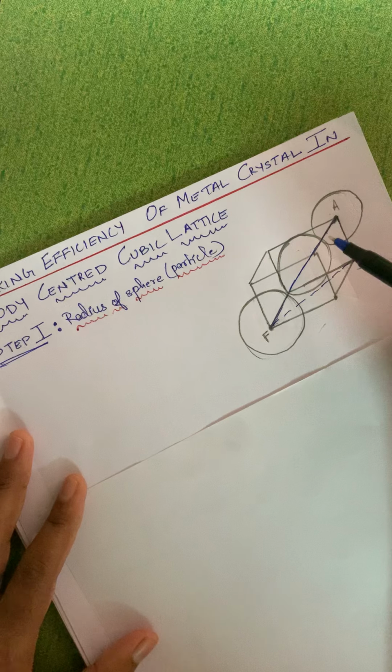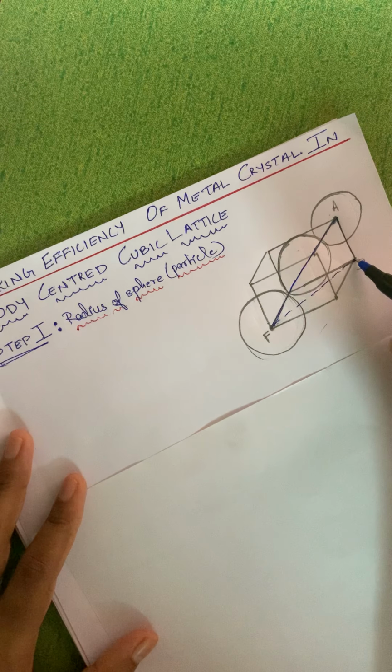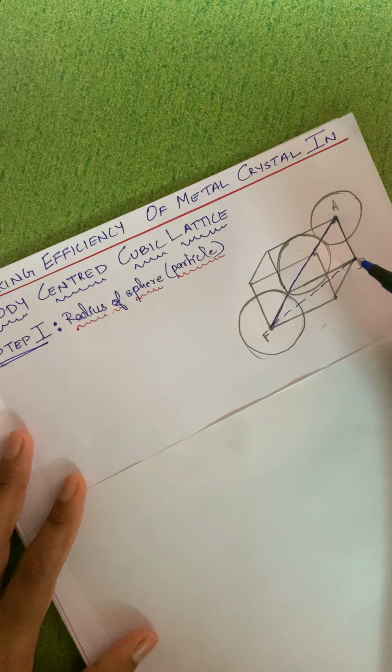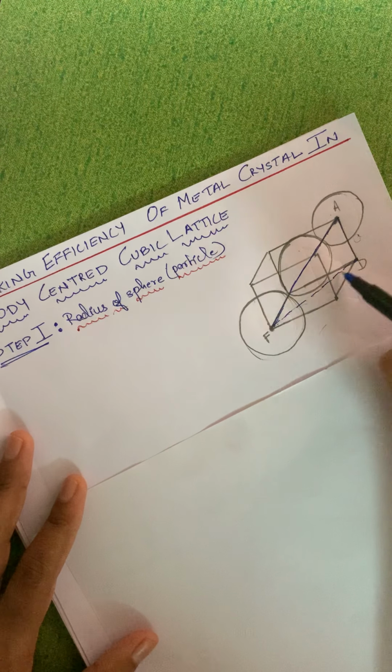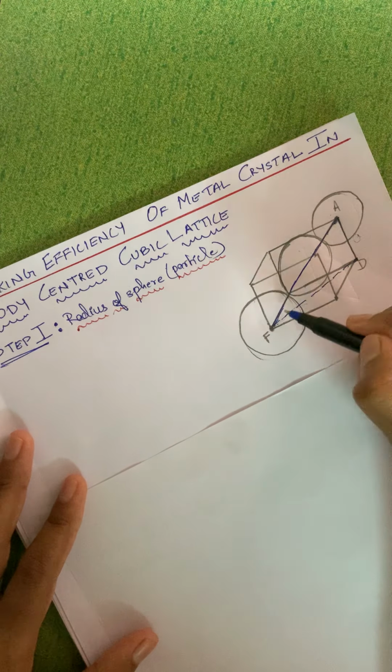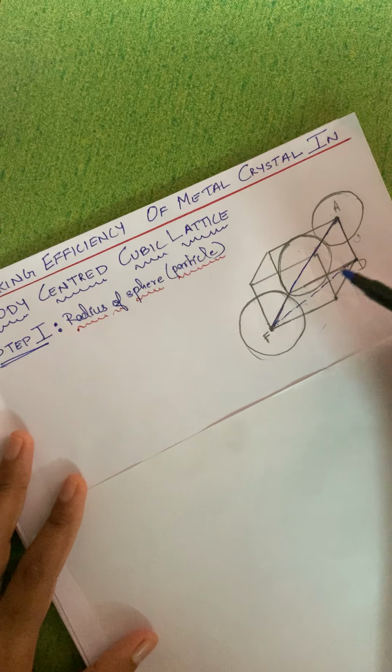Now please understand this thing, I know what will be the answer. I know it is nothing but A. Okay, I don't know what is this thing. I don't know what is the length of this line, that is AF. If there are 2 unknowns, I cannot find anything.